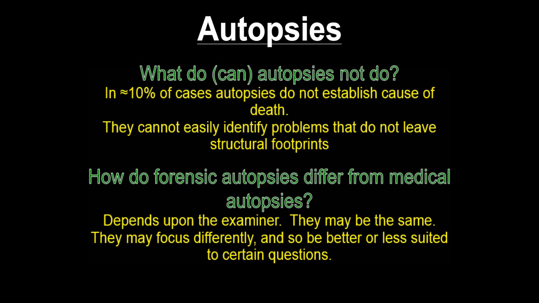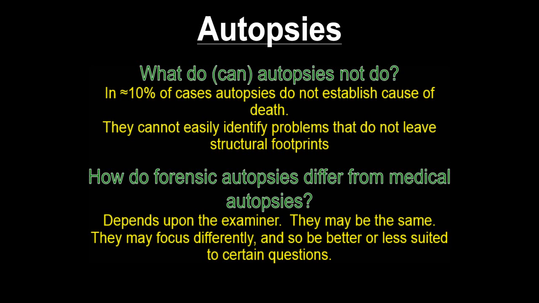So in those cases in which somebody dies of an apparent arrhythmia, it's not possible as a common rule to identify cardiac changes that occurred because of the arrhythmia, simply because arrhythmias don't leave those footprints.